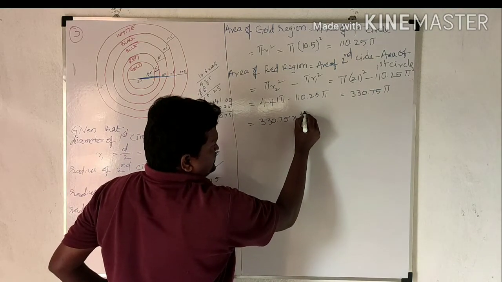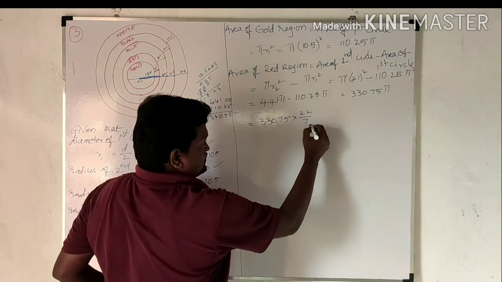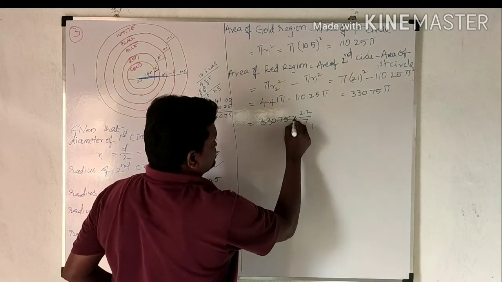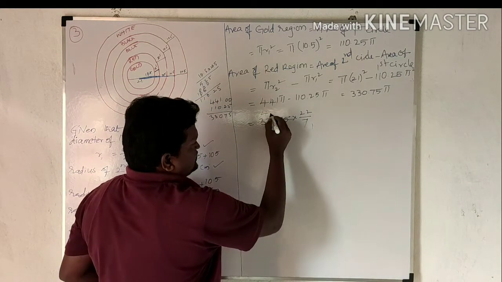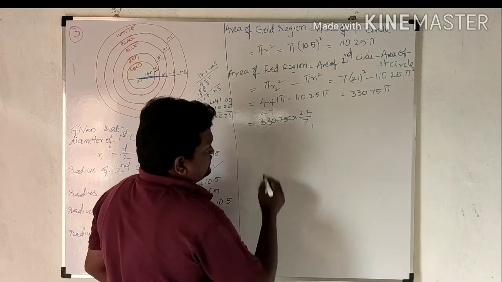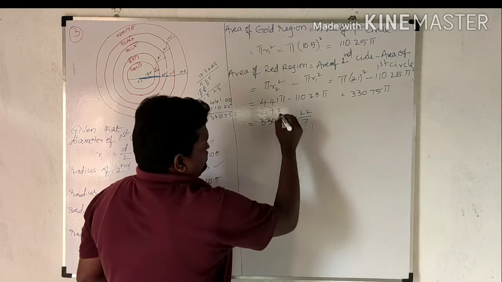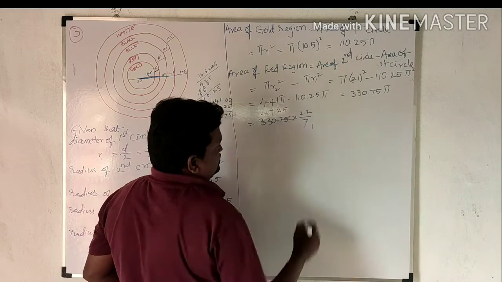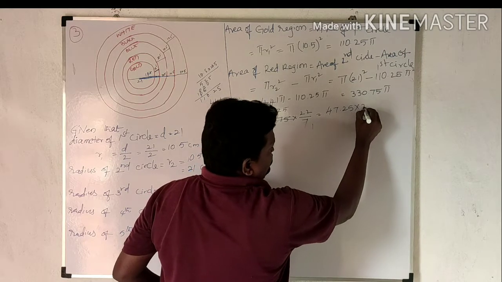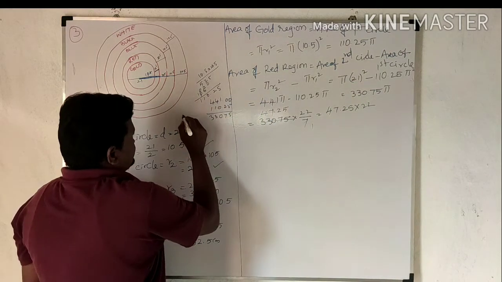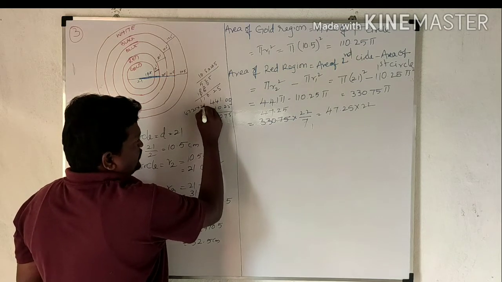So see here, 330.75 pi, where pi is 22 by 7. Okay, so 7 ones are 7, 7 fours are 28, 7 sevens are 49, 7 twos are 14, 35, and so on. This gives 47.25 into 22.